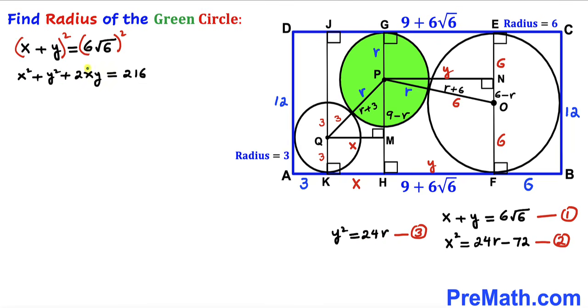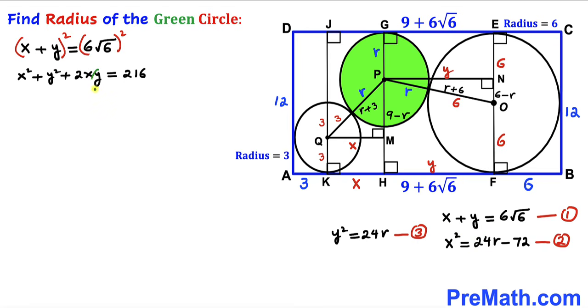And likewise this x is going to be equal to the square root on both sides. So therefore x is going to be equal to square root of 24r minus 72. So therefore I'm going to substitute for x over here square root of 24r minus 72.